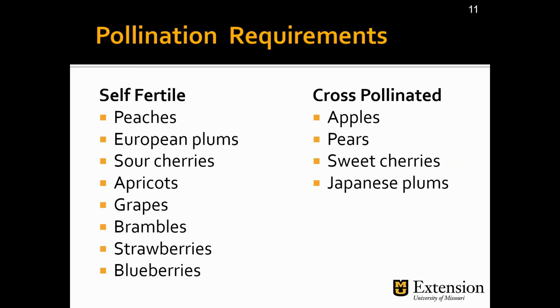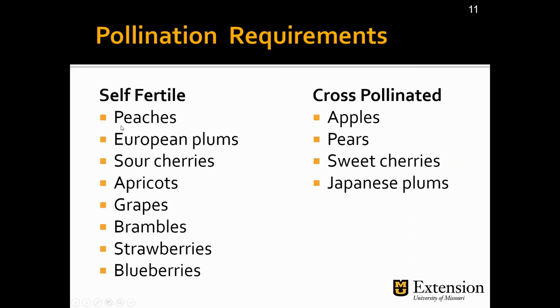So let's begin by talking a little bit about pollination requirements. Some fruit crops require pollination. In this slide, on the left side, we have some self-fertile fruit crops. What this means is that they have self-pollination. About 90% of their pollination is self-pollination. But within these fruit crops, you also have varieties that are the exception to the rule.